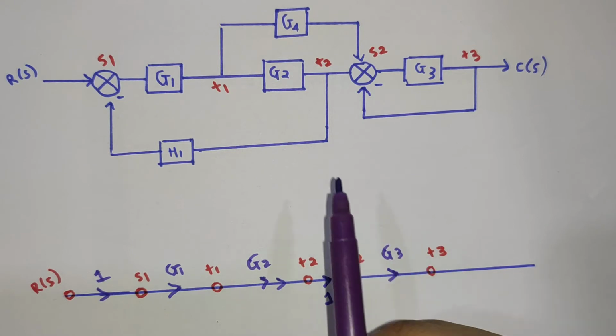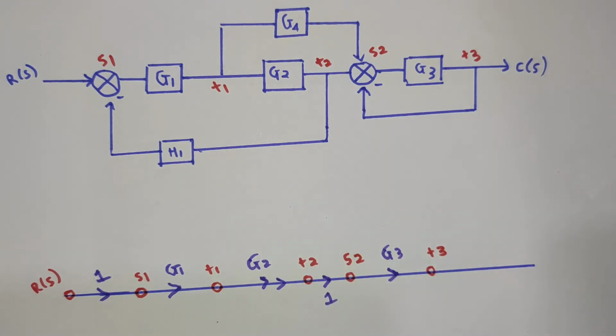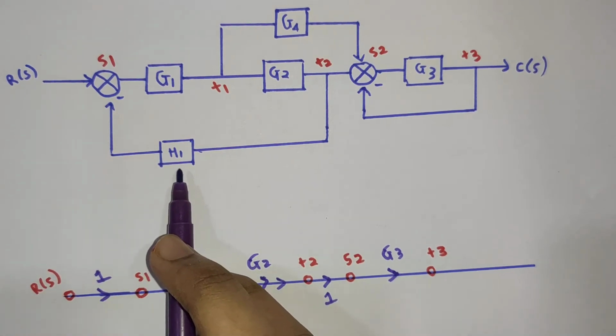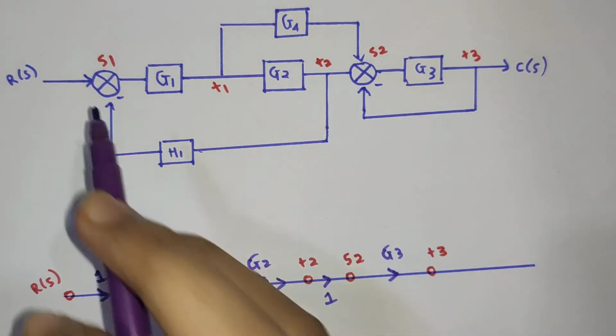And now you have to look at the feedback and the direction in which it is moving. Here you can see there's H1 from T2 to S1.